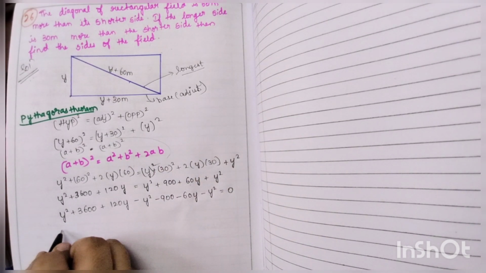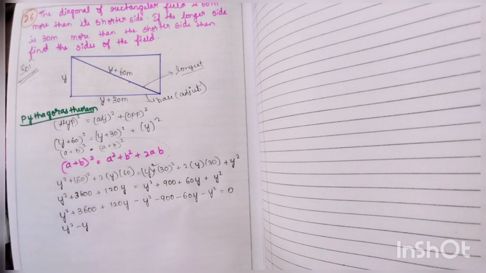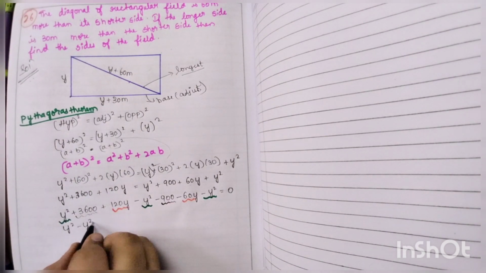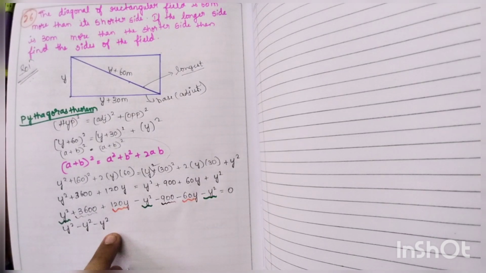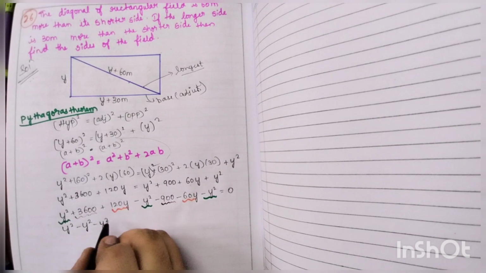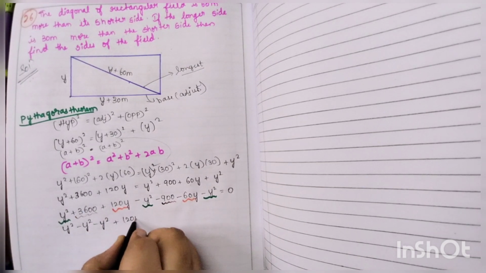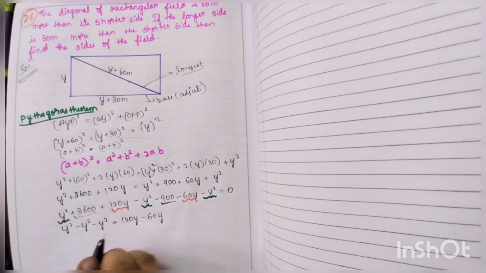So now if we do y square minus y square, like terms we have taken, all these three I have taken one side. So now let's take only the y terms, then 120y minus 60y. Now all the things are taken.